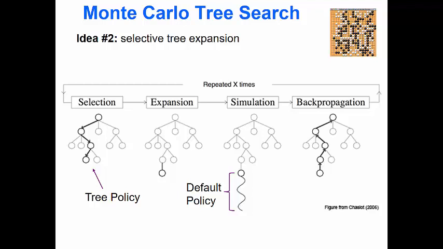Okay, so every iteration, you're adding a little bit of information to the tree, and in particular, information along one path of the tree, based on whatever evaluation you get from this run of a default policy. Okay, and obviously you could also use non-random default policies if you wanted to.